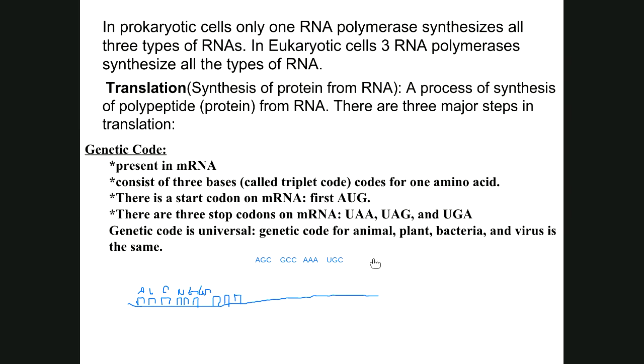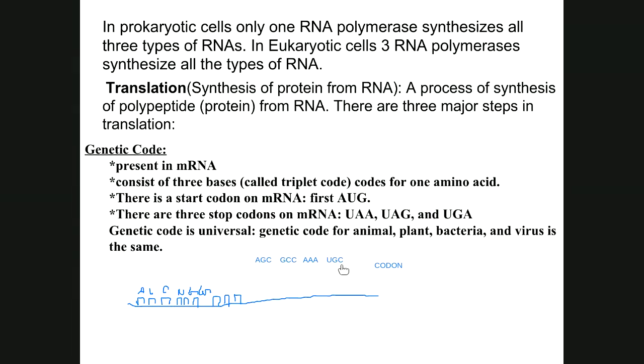Each code, or codon, is made up of 3 bases, any 3. It can be A, G, C, GCC, AAA, UGC, like this.